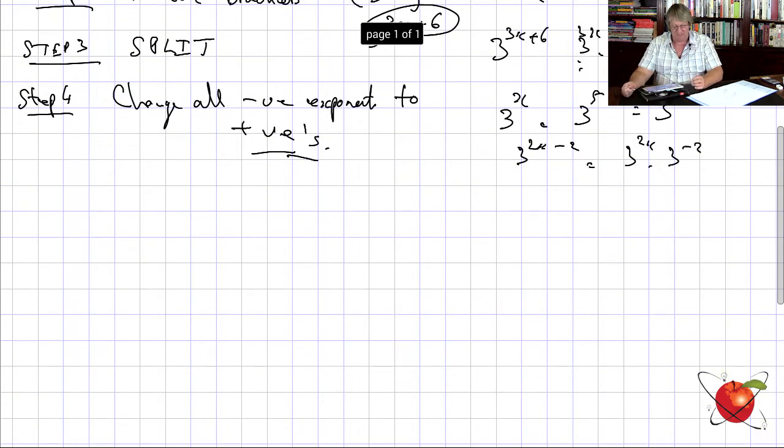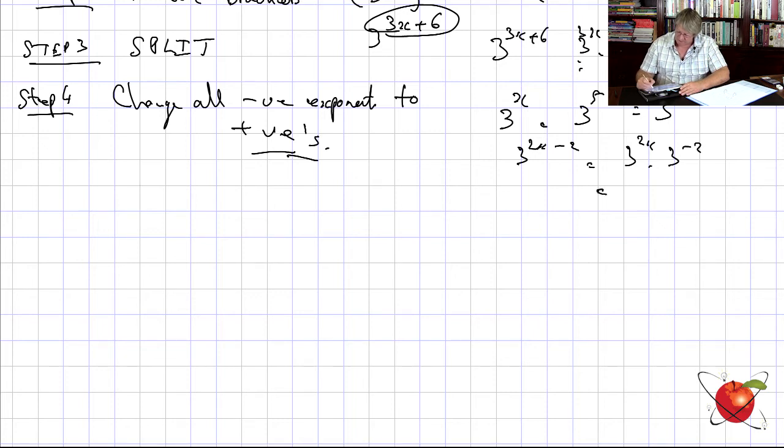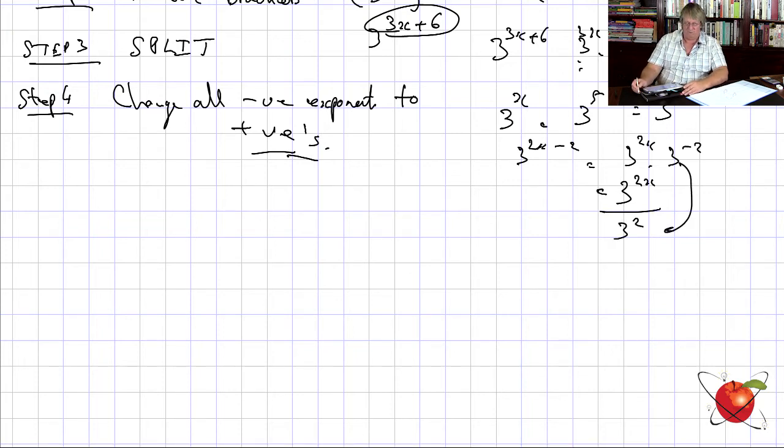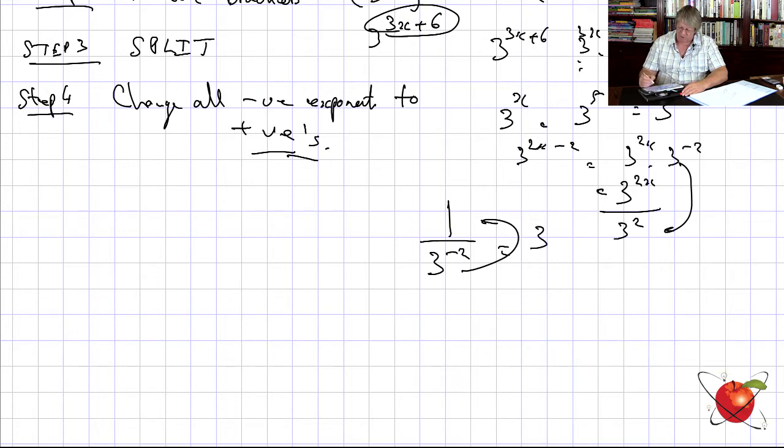That would become 3 to the power of 2x. This is on top, so it goes underneath, and it becomes 3 squared underneath. Similarly, if I had 1 over 3 to the minus 2, it becomes positive and moves to the top. Remember those? Okay, let's move along.